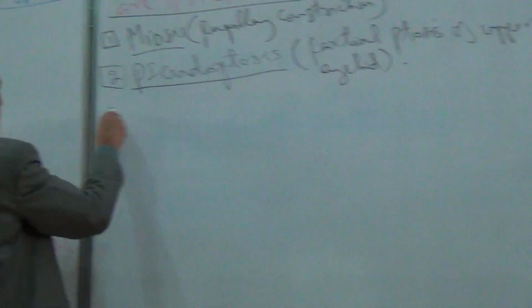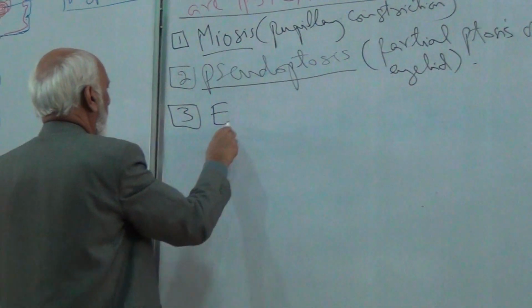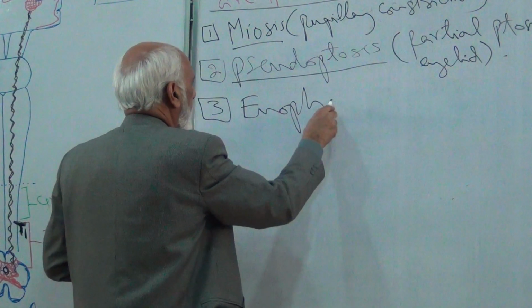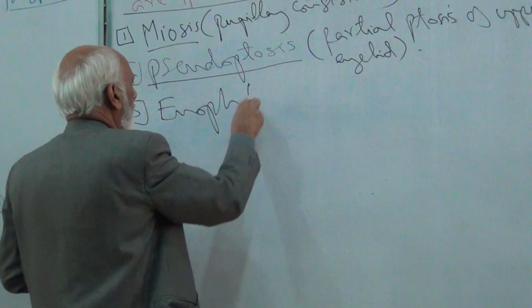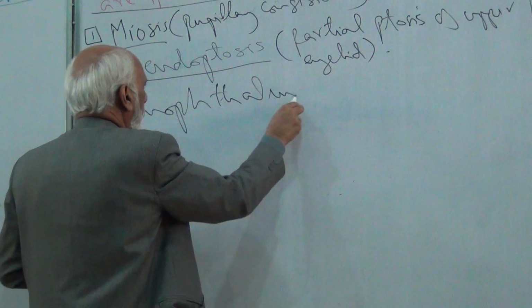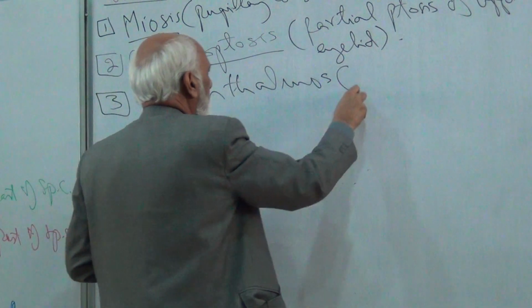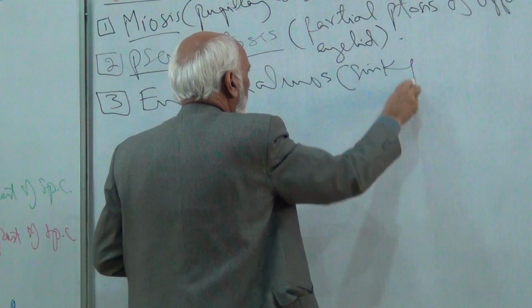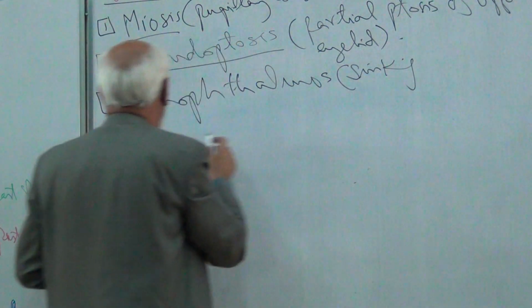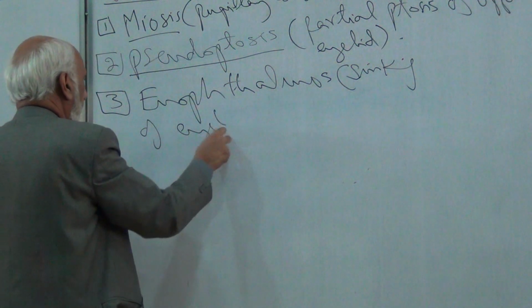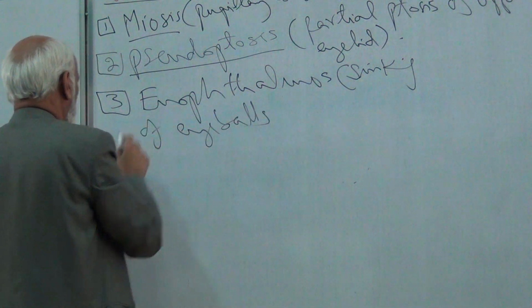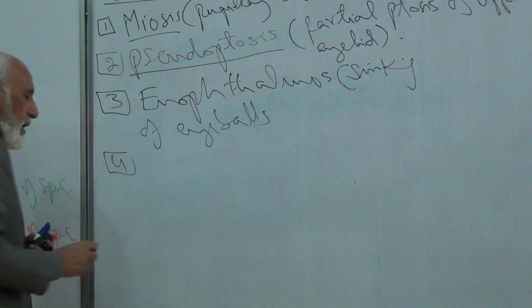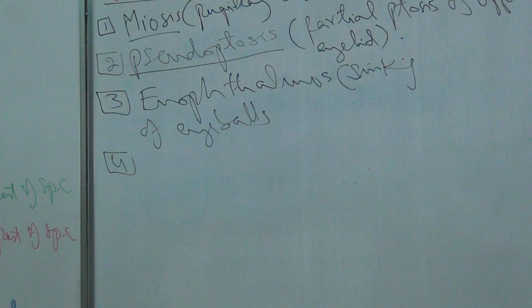Third, enophthalmos, sinking of the eyeball. Enophthalmos means sinking of the eyeballs, and it will occur in case of Horner syndrome.